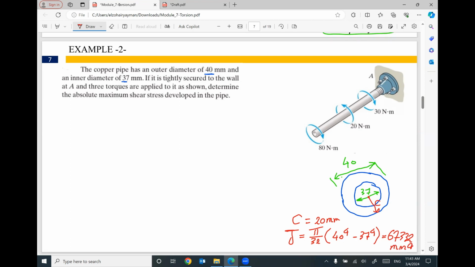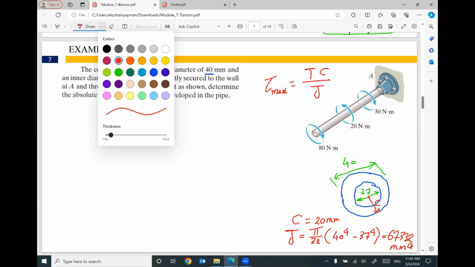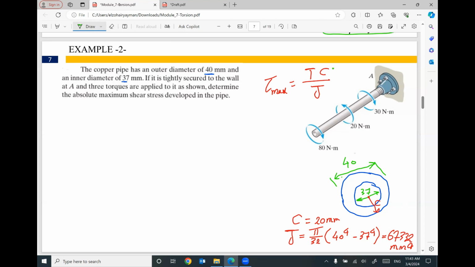So I got the value of C and the value of J, because the maximum shear stress equals T times C divided by J. I found C, the outer radius of the cross section, and J, the polar moment of inertia. So what is the value of T?